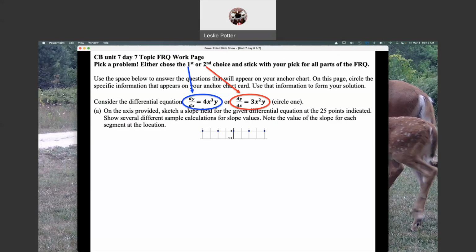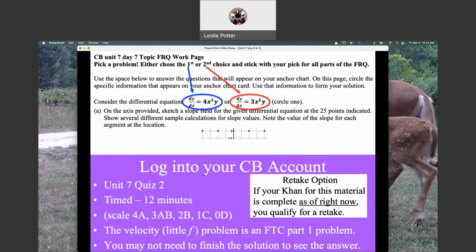So if you choose the blue, then you're choosing to circle quadrant 3 in part B, and then the first solution in part C, and then the first solution in part D. So if I'm going with this first one, I'm going with my first choice in each one of the parts. If I'm going with my second one, then I'm going with my second choice in each part. It's just a way for me to give you 2 questions. That way you've got something to go back to if you want to work on a different question, but the same type of solution.